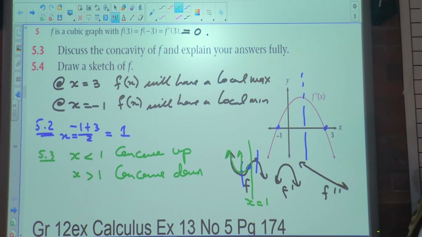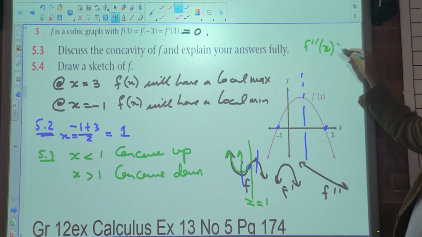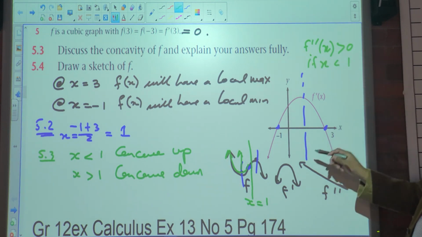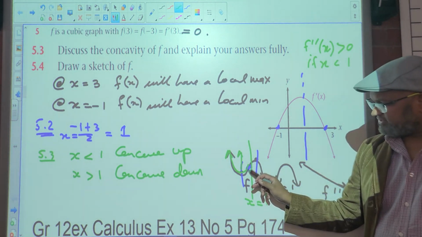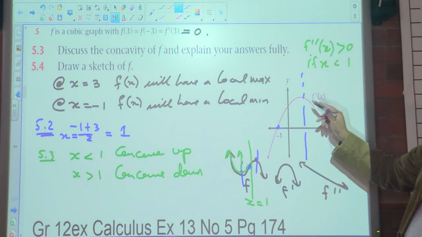It goes from concave up to concave down. Yes, read somebody. If f double prime of x is more than 0, if x is less than 1, as you can see here, x is less than 1 and we see that it is concave up.